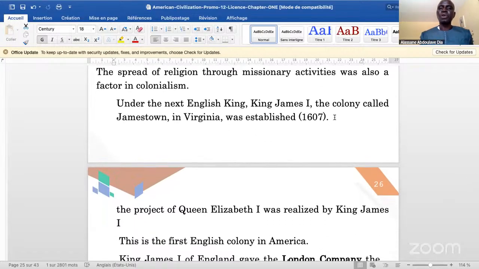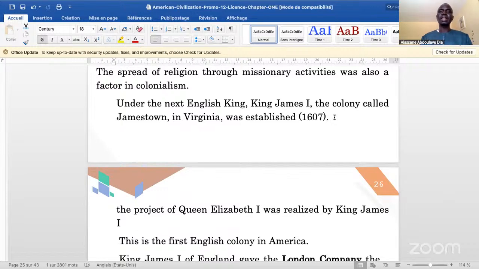So the spread of religion through missionaries' activities was also a factor of colonialism. So you understand that now, in the mission of exploration and colonization, religion also was a preoccupation.